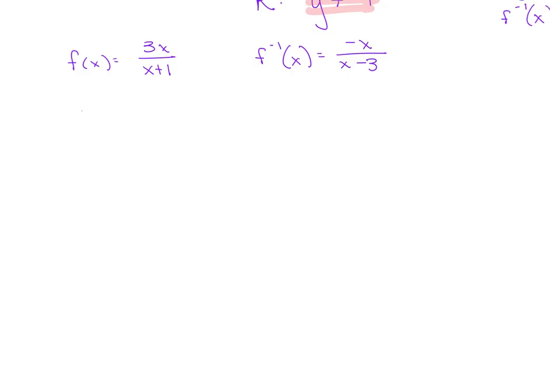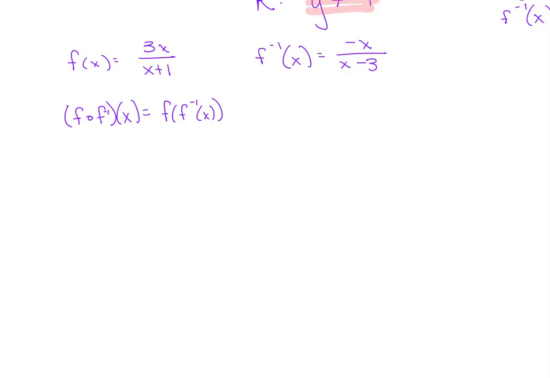We're going to just do one of them. We're going to do f composed with f inverse. So if we do this, we're going to take our inverse function and plug it in for x.